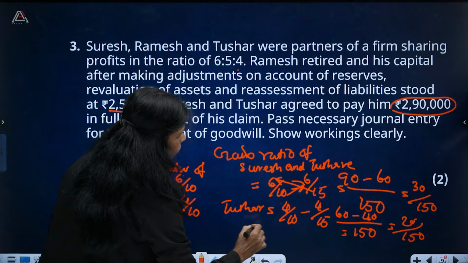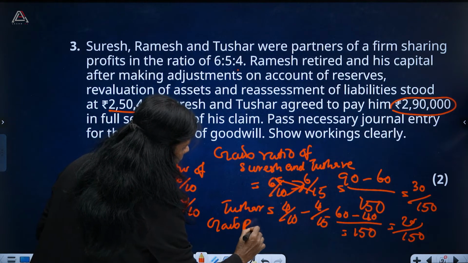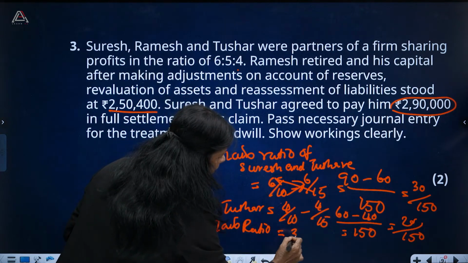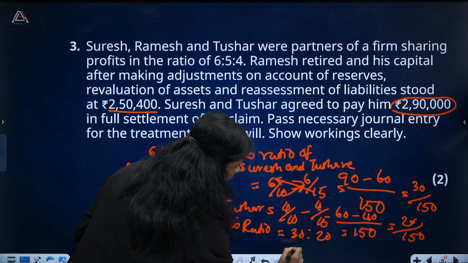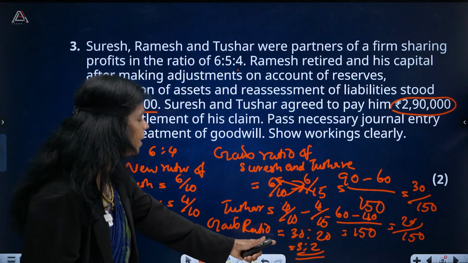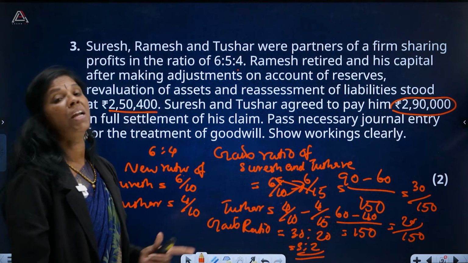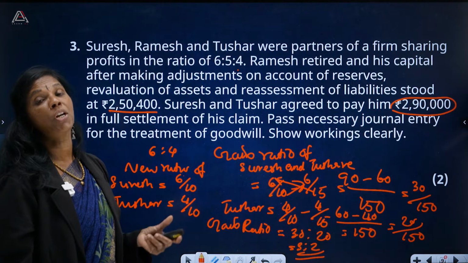So the gaining ratio is 30:20. That is, we can shorten it to 3:2. This is the gaining ratio. Then in this ratio we have to divide the retiring partner's share of goodwill.